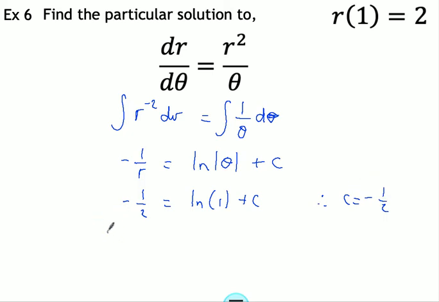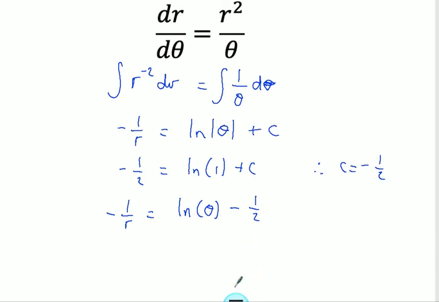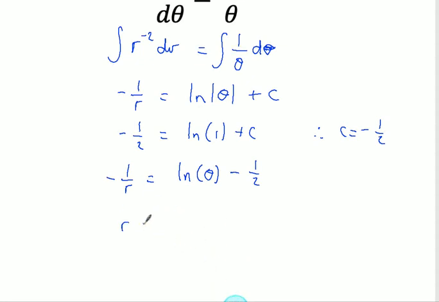So our particular solution is this. Okay, and you know that will do. I mean, it'd be better to write it in the form r equals, which we can also do. You know, we could take the negative reciprocal of both sides.